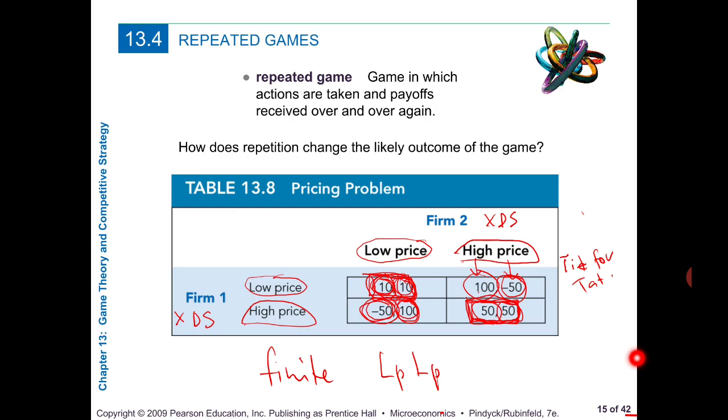Why? Because they suspect that in the last period, one of them will deviate. It's either firm A or firm B who deviates, because when you deviate, let's say you undercut, then you get higher profit.